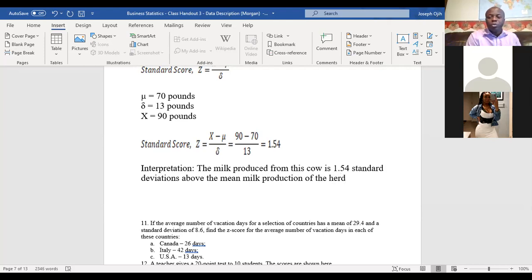Because it's above average, that means it should be a good stock, a good breed to be kept, if milk is the target for raising that cow.